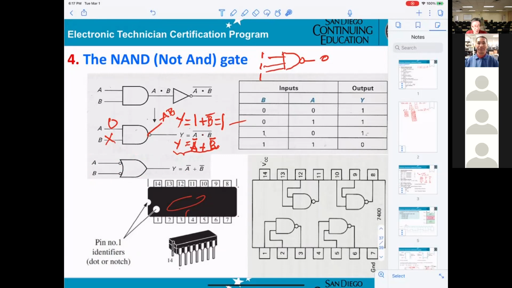Otherwise, when you work in a company and you see this gate and you don't know what gate it is, it's just a NAND gate. The symbol looks like an OR. It looks like the OR, but it's not. That will be the NAND.